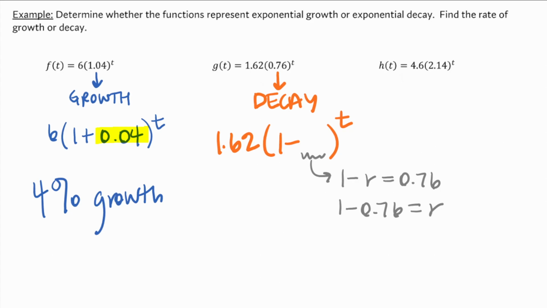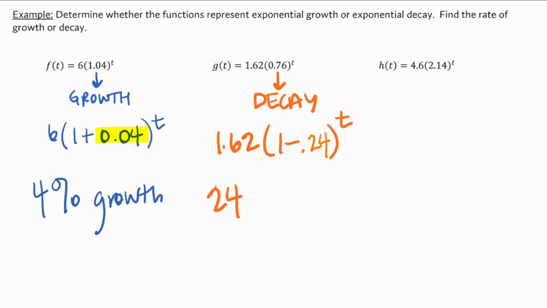If you didn't just see it like that, this is something we could solve for algebraically. Either way, you're going to see r needs to be 0.34, no, 0.24. See, that's the risk in the arithmetic there. And so that 0.24 number, that's my decay rate, and I would say that is 24% decay.